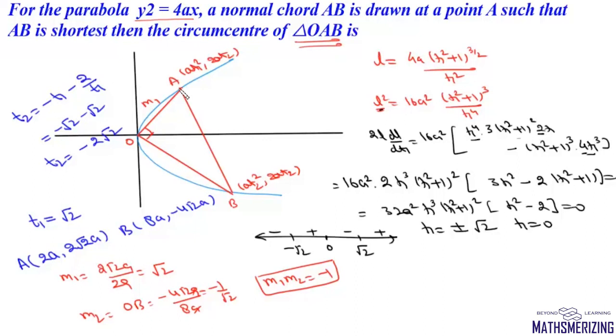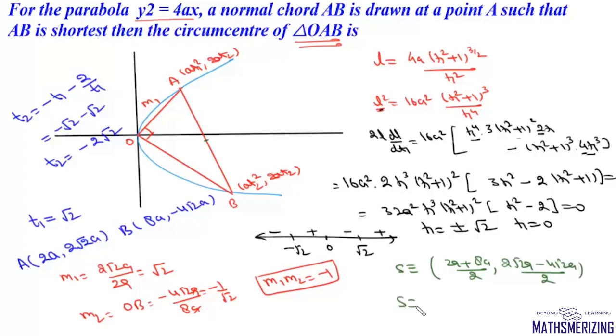Now in a right angle triangle, the circumcenter is the midpoint of the hypotenuse. So that means the circumcenter of this triangle OAB, which is say S, is given by the midpoint of A and B. Now A is (2a, 2 root 2 a) and B is (8a, minus 4 root 2 a). So S is given by (2a plus 8a) by 2 and then (2 root 2 a minus 4 root 2 a) by 2.